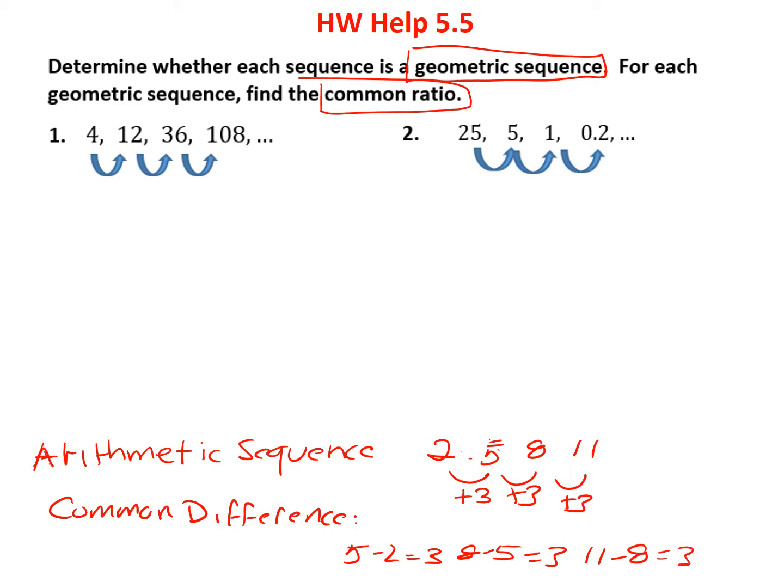Now, in a geometric sequence, we have something different. We start with 2 here. We might go 2, 4, 8, 16. And we notice instead of adding a number, it's being multiplied by a number.